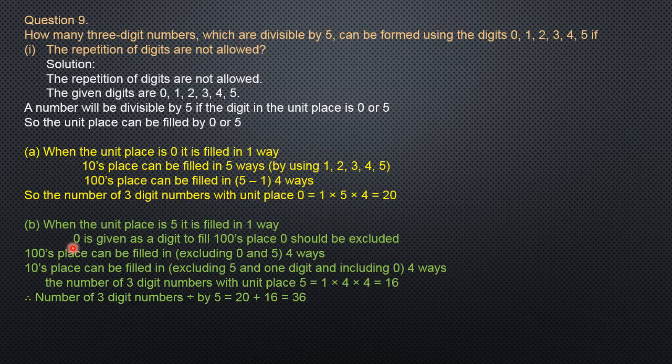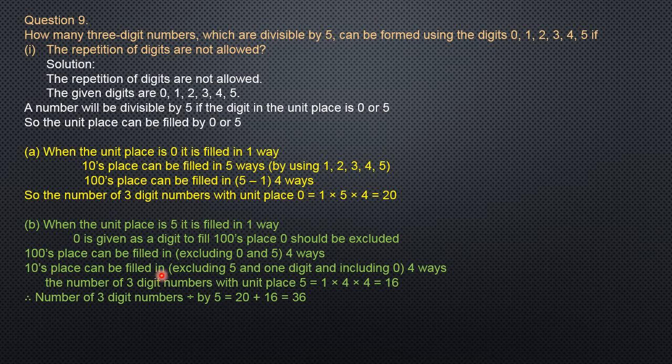Next, when the unit place is 5, it is also one way to fill the unit place. Remaining there are 5 numbers, that is 0 to 4. 0 cannot be a digit in the hundreds place, so 0 should be excluded. This is important. So the hundreds place can be filled in only 4 ways, 1, 2, 3, 4 only, excluding 0 and 5.